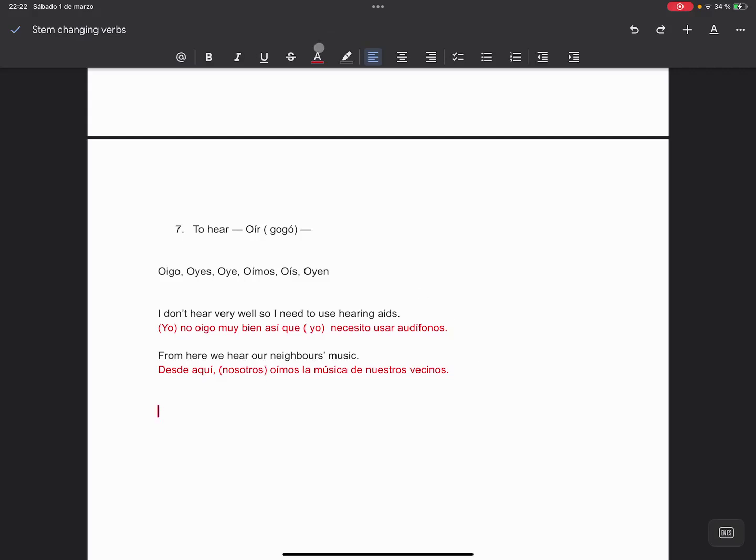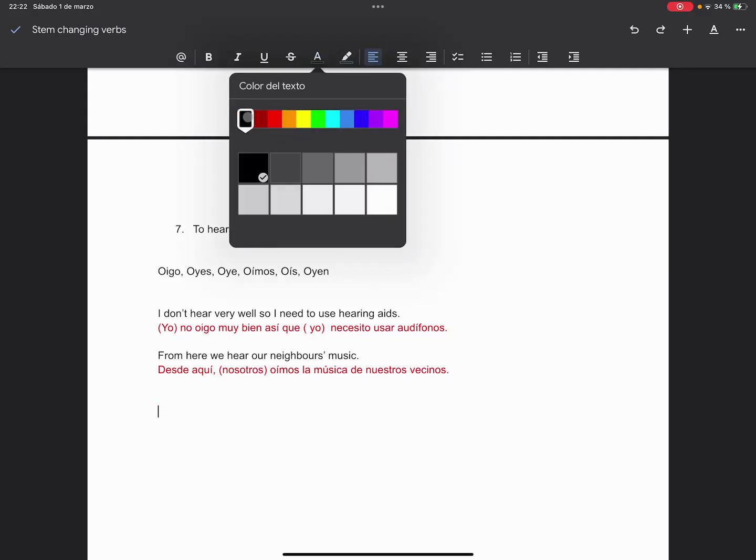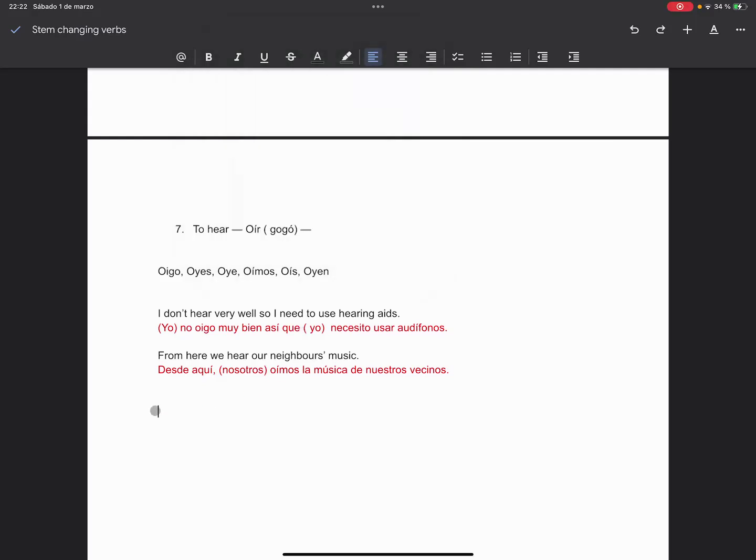More verbs. I hope you are having fun and enjoying this little practice. More verbs. Let me give you another verb. Example, it's going to be the verb to drive, which is a very common verb.